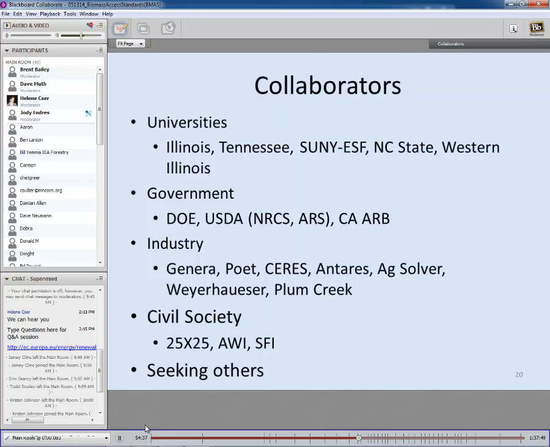There's a lot of learning that goes behind this in agriculture and forestry, so I really do thank our partners in this, but we're always seeking other collaborations. We're particularly interested in getting civil society organizations that work more at the regional or local levels on the ground with people to gauge the need for these types of tools and how we implement those. So thank you to those collaborators.